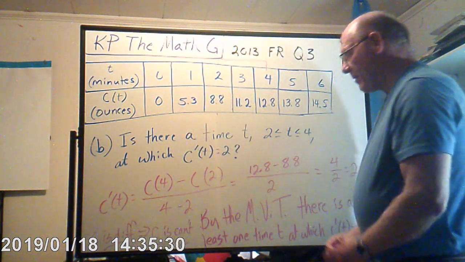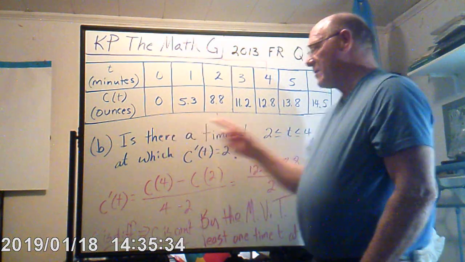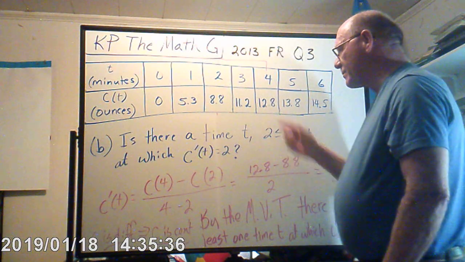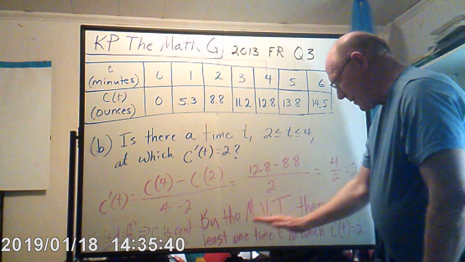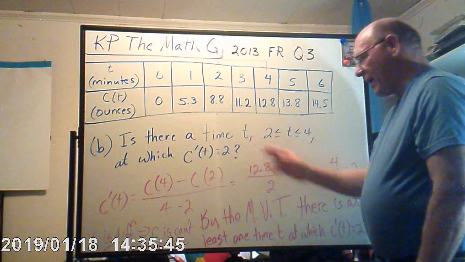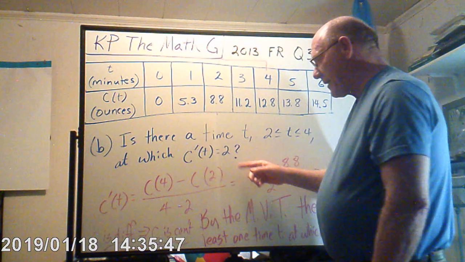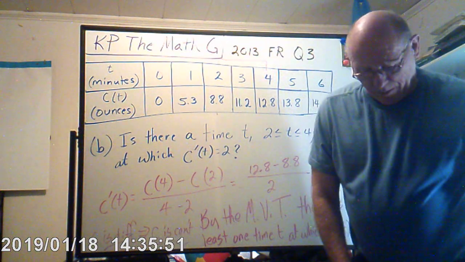We're looking at from 2 to 4, so if it's differentiable from 0 to 6, it's differentiable from 2 to 4. And so this is a ploy on the mean value theorem. Is there a time at which C prime of t equals 2? So that's what you're doing on that part.